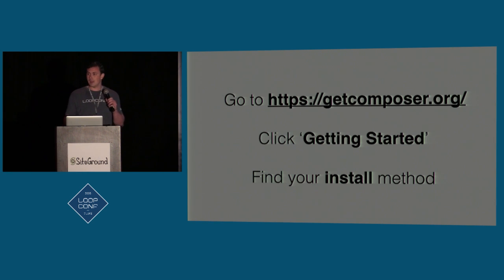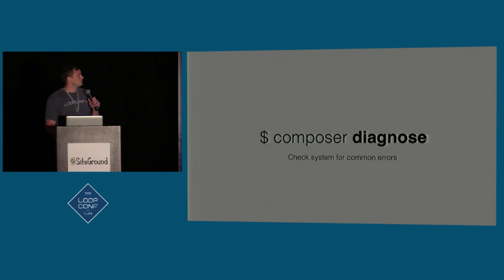If you're not, there's an installer. Once you get it installed, you can run a command from the terminal, composer diagnose, and it will basically check your system and make sure that you have everything set up that you need to be able to use Composer, such as making sure it gets installed, you have internet access, that kind of thing.